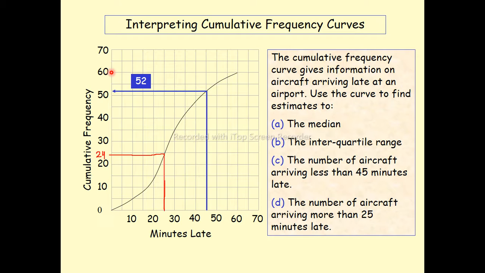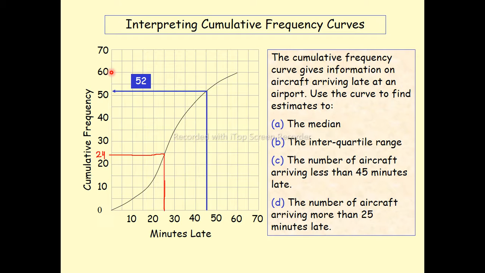But think about that. The number of aircraft arriving in less than 60 minutes, we could divide that into two portions: the ones who were less than 60 but lower than 25, and the ones who are less than 60 but higher than 25.